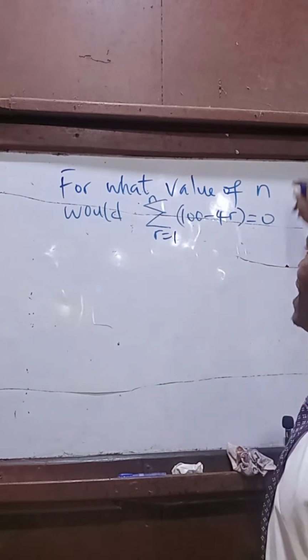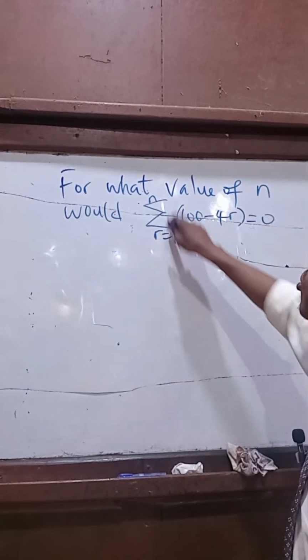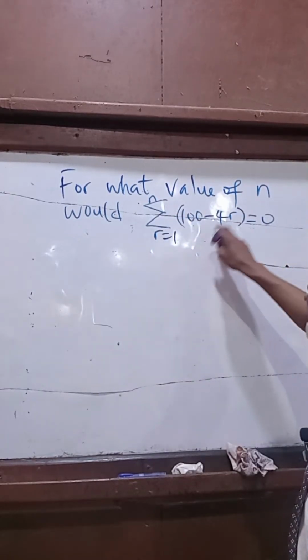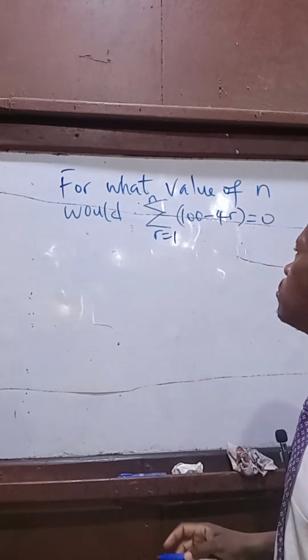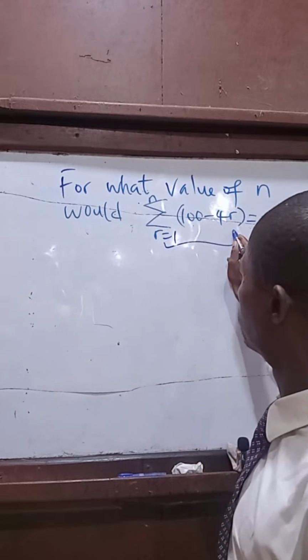For what value of n would sigma, starting from 1 to n, of 100 minus 4r equal 0? So let's interpret this sigma.